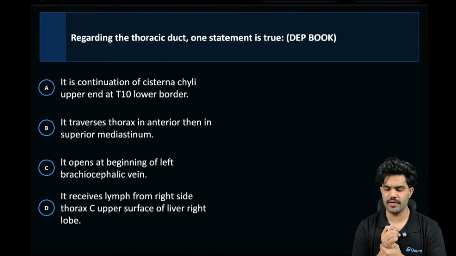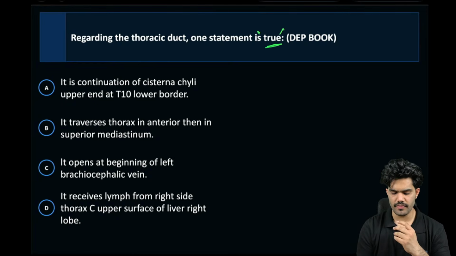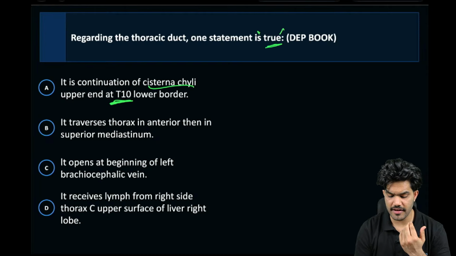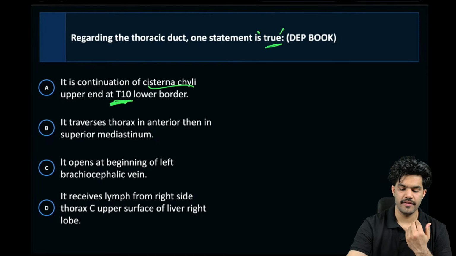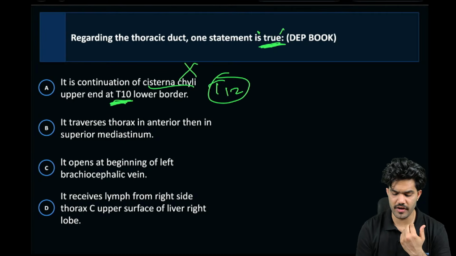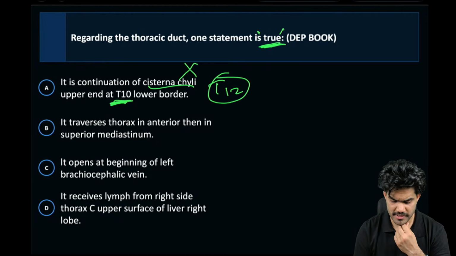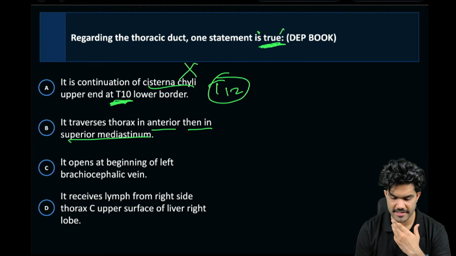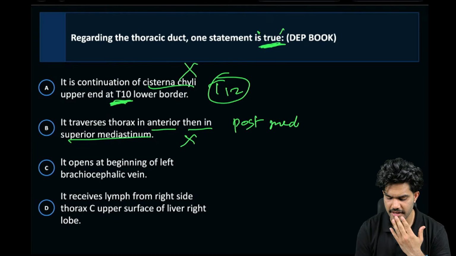Regarding thoracic duct, one statement is true. Let's see. This is a continuation of cisterna chyli at level T10. No. At which level? T12. So this is wrong. We have to find out the true statement. It traverses thorax in anterior, then in superior mediastinum. No. Thoracic duct is at first in posterior mediastinum and then it reaches superior mediastinum.